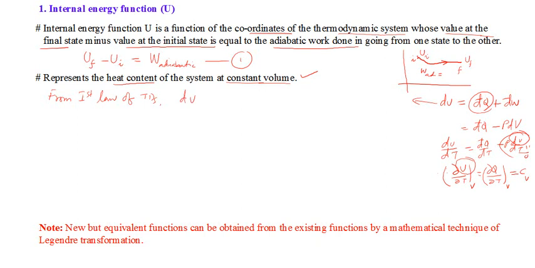Now I'm going to bring in the quantity of entropy here, so I can rewrite this equation in terms of entropy. For a reversible process, the entropy change is related to the heat d bar q upon T.